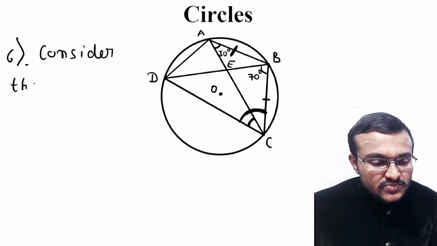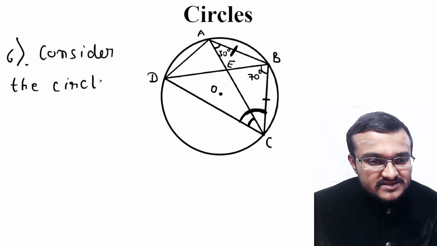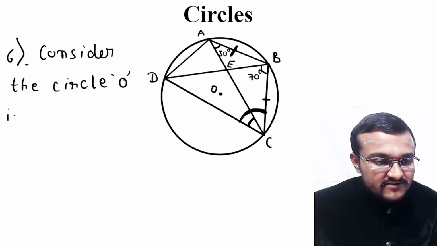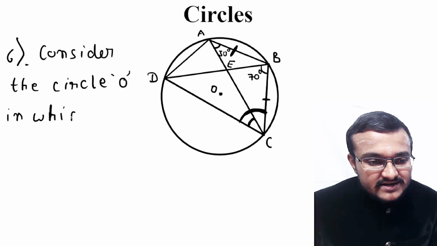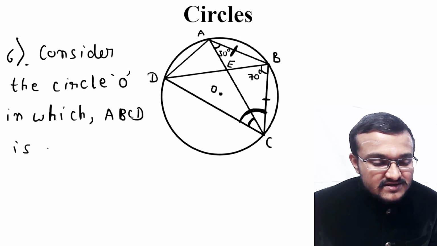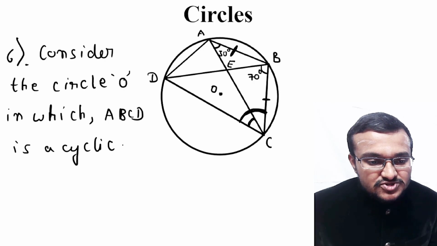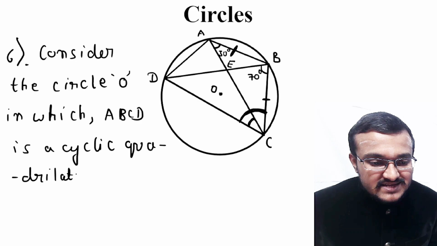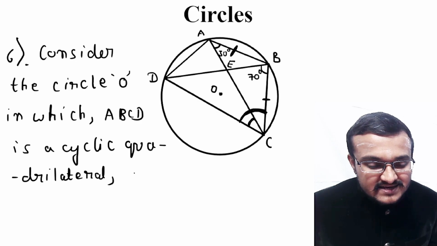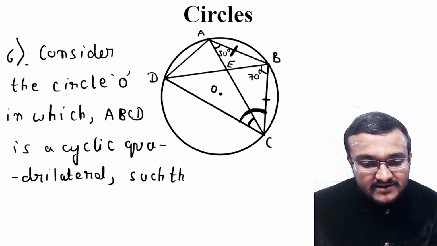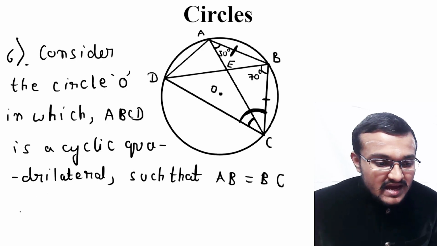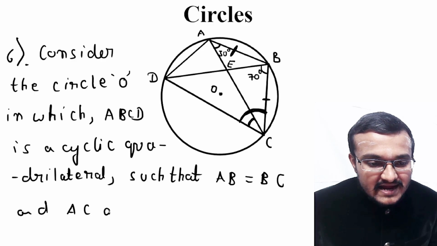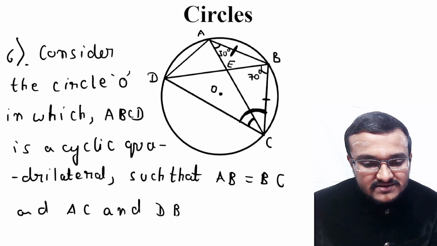Consider the circle O in which ABCD is a cyclic quadrilateral. So in this cyclic quadrilateral, we have AB is equal to BC, and AC and DB are the diagonals.